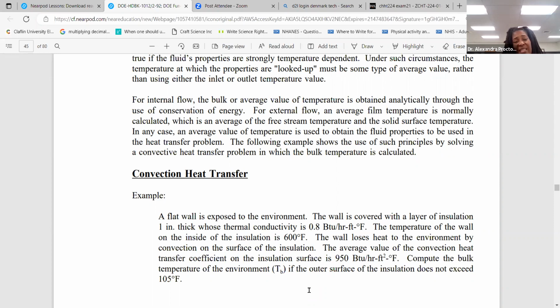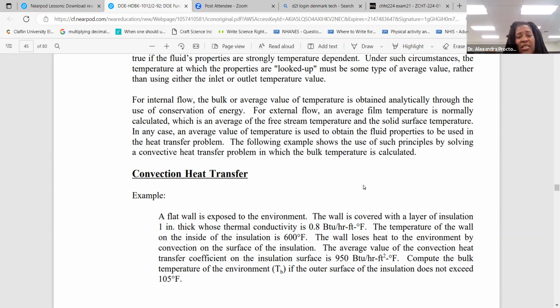In any case, an average temperature is used to obtain fluid properties to be used in the heat transfer problem. The following example shows the use of such principles by solving a convective heat transfer problem in which bulk temperature is calculated.